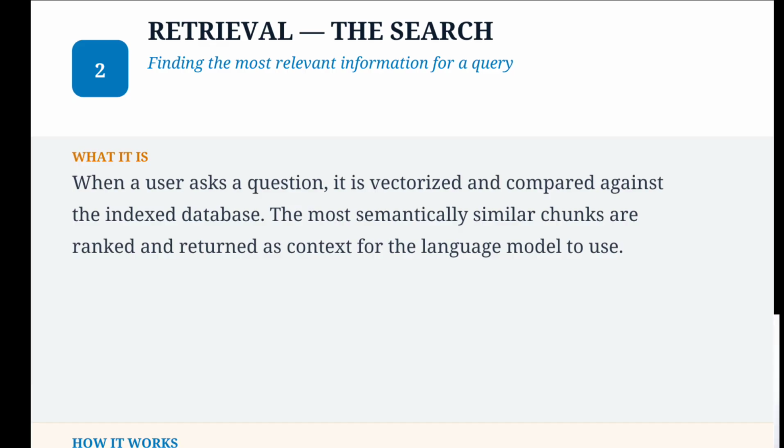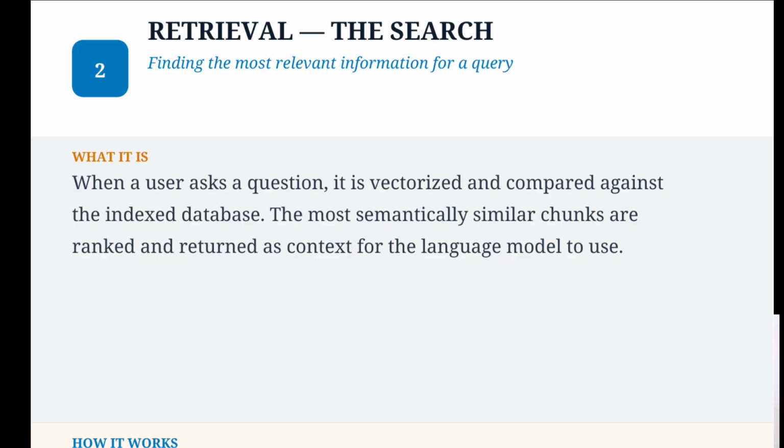So now someone asks a question. This is where phase 2 kicks in, retrieval. The user's question comes in natural language. The system takes that question and, same as before, converts it into a vector, an embedding.